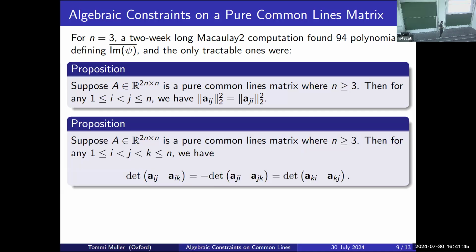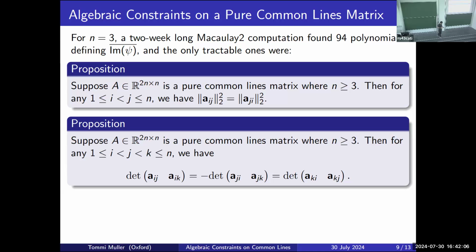Another set of quadratic constraints you can find for any n are that certain 2x2 minors have to be equal, and those 2x2 minors are related by permuting the indices of the entries of the common lines matrix.